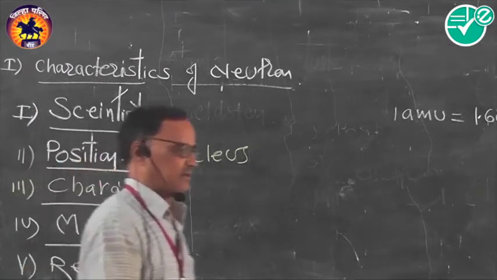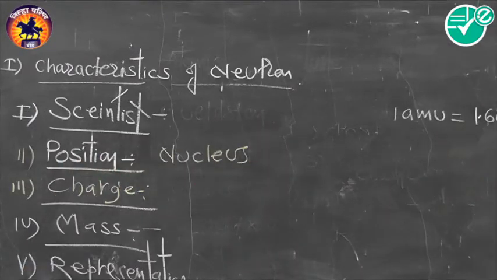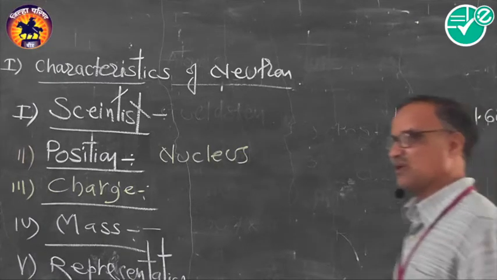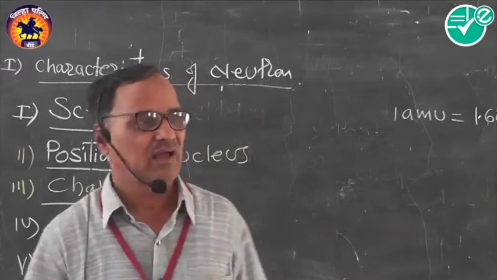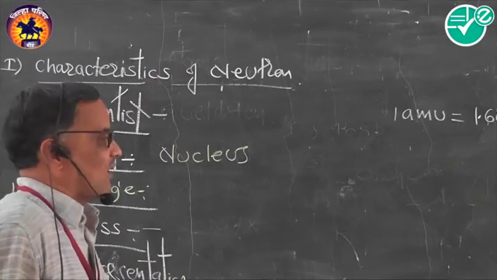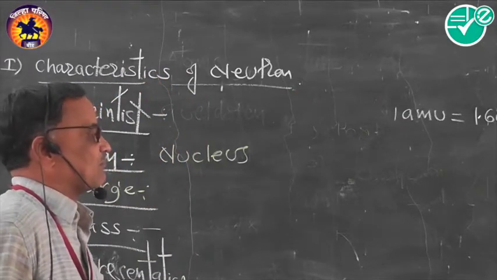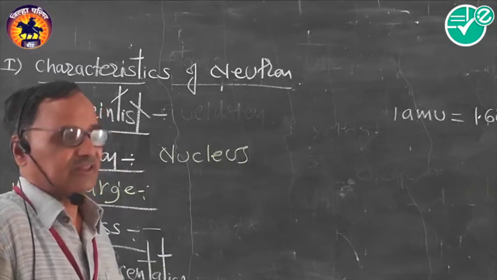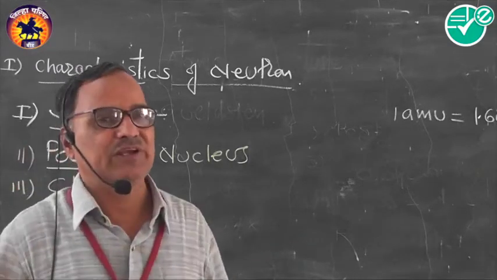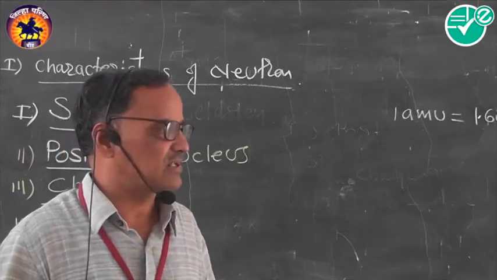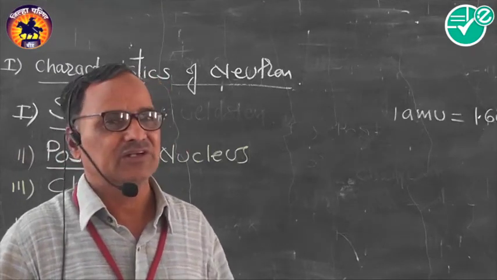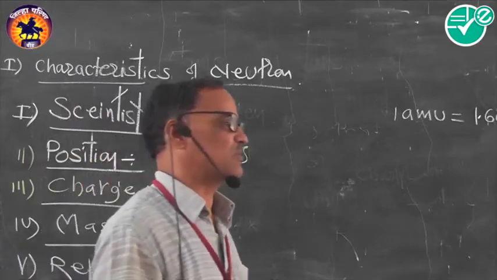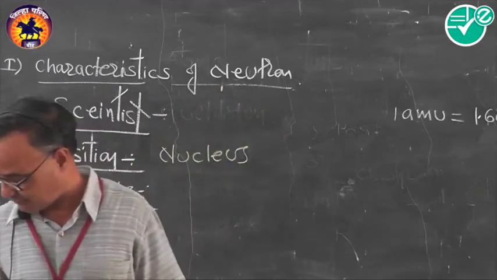Similarly, we define atomic mass number of an element, that is the figure which is placed at the apex of the symbol of element, or the figure placed at the top of the symbol of an element is called atomic mass number. Theoretically, atomic mass number of an element is the sum of protons and neutrons present in the nucleus of an atom.